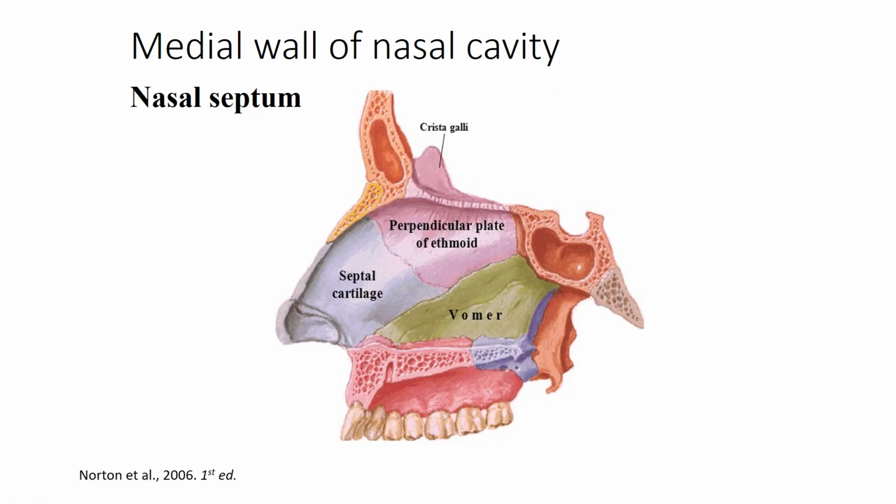We also have here inferiorly the crest of the palatine bone, the crest of the maxillary bone, and the anterior 1/3 of the nasal septum is made of this septal cartilage, which is hyaline cartilage.